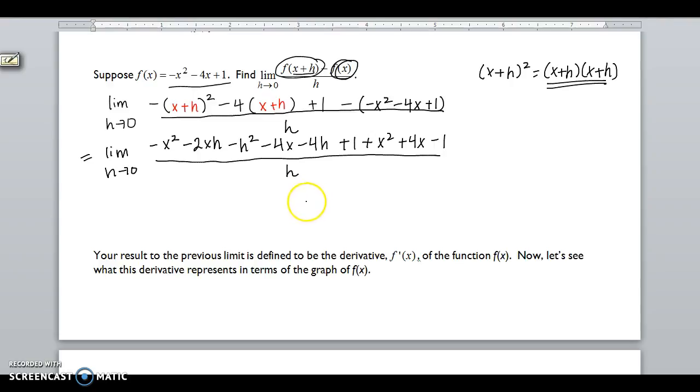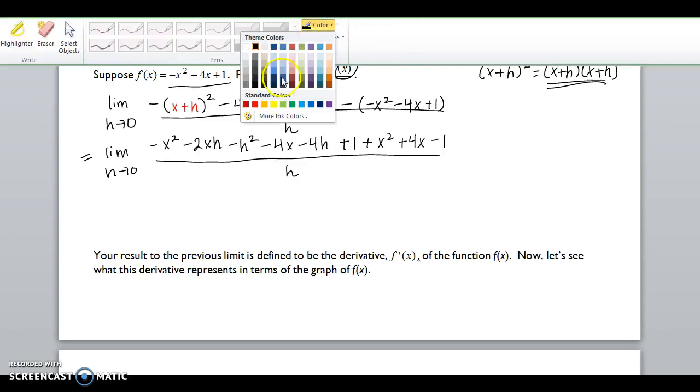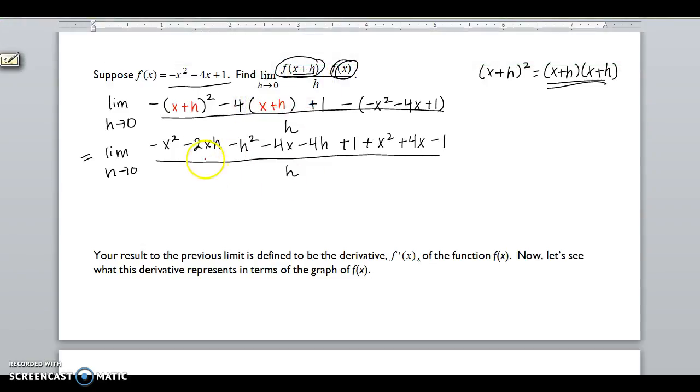So at this point in your limit process, hopefully something's canceling out. So let's see what cancels out. The negative x squareds and the positive x squared. The negative 4x and the positive 4x. And the plus 1 and the minus 1.